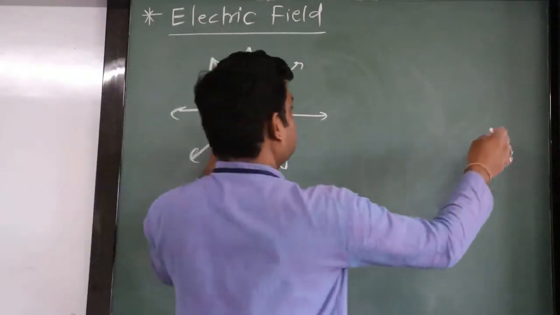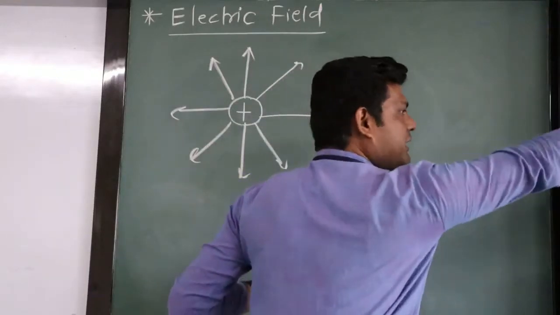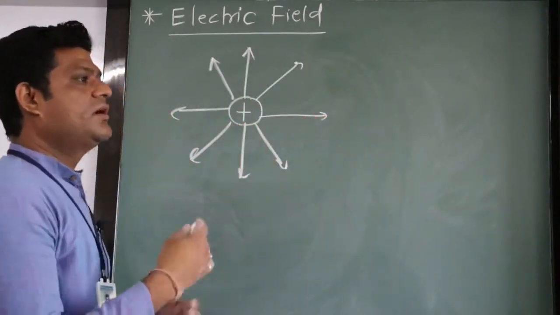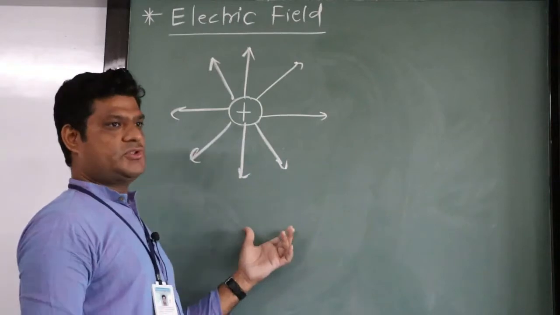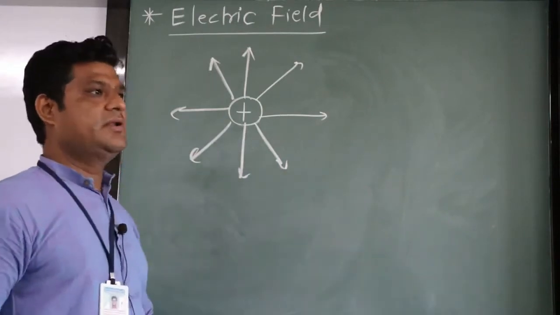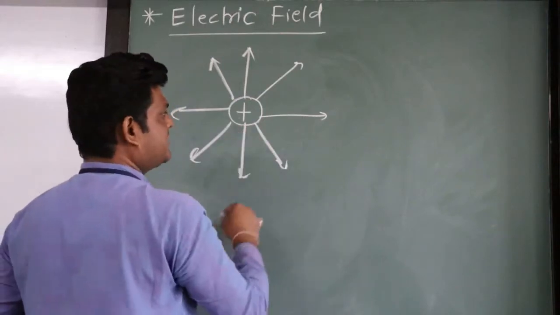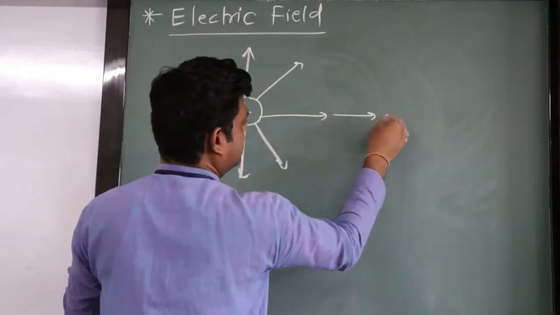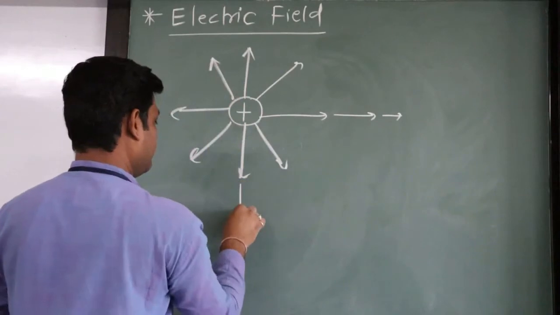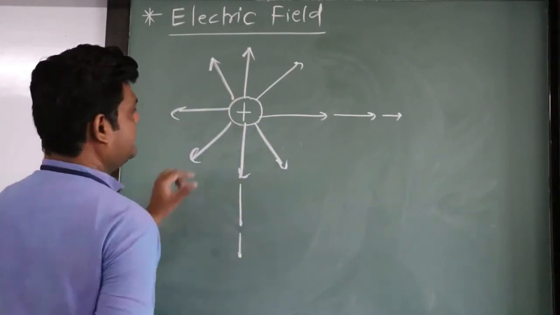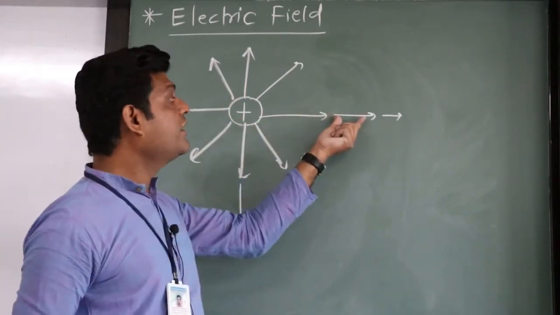Suppose we have a charge over here at a very long distance. The magnitude of force will be negligible or become small. That is why we draw these things in vector form like this. See, the length of the arrow goes on decreasing.